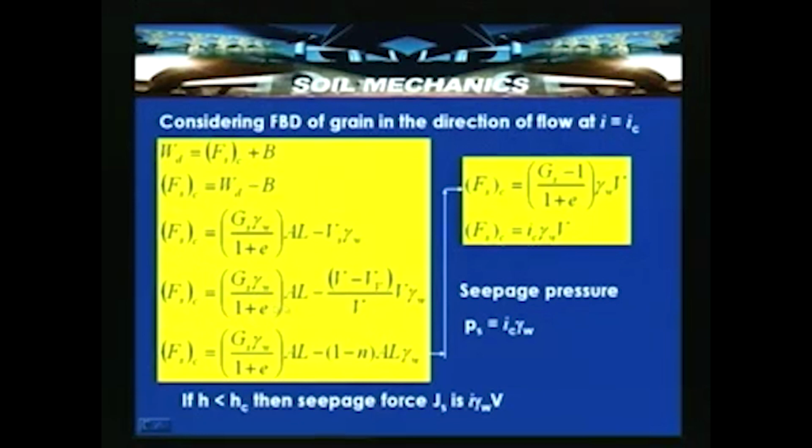Now, simplifying this further, Gs gamma W by 1 plus e into AL minus Vs gamma W, where Vs can be written as total volume minus volume of voids, divided by total volume, into volume.